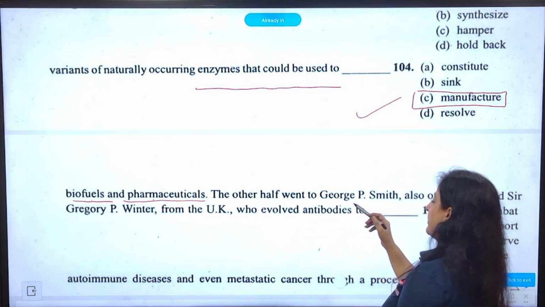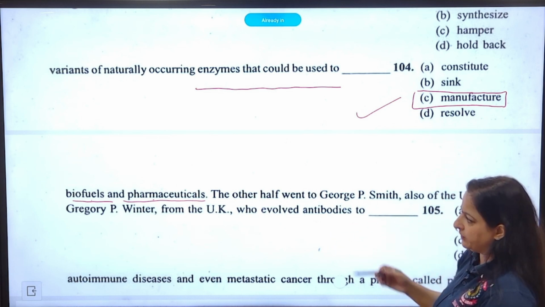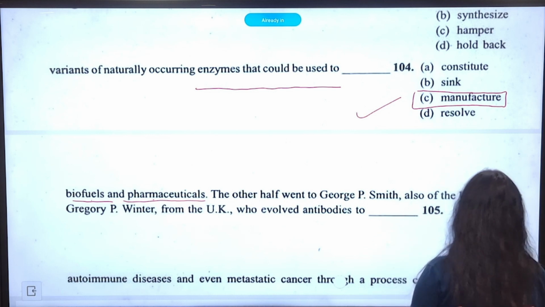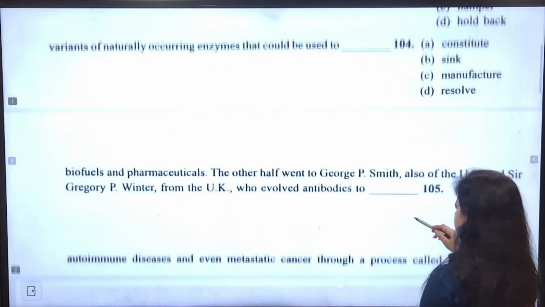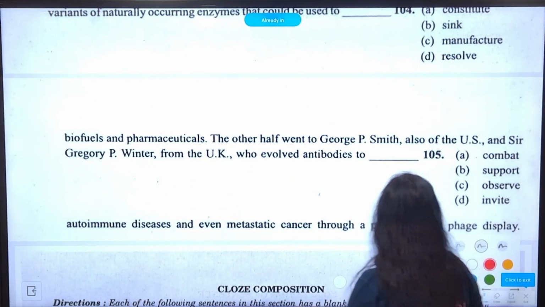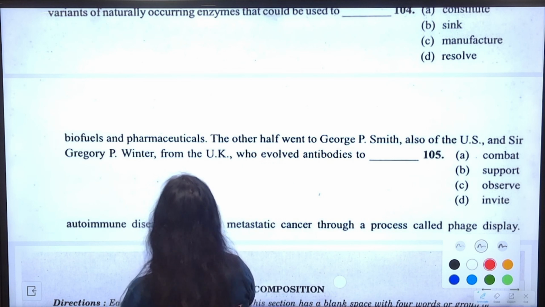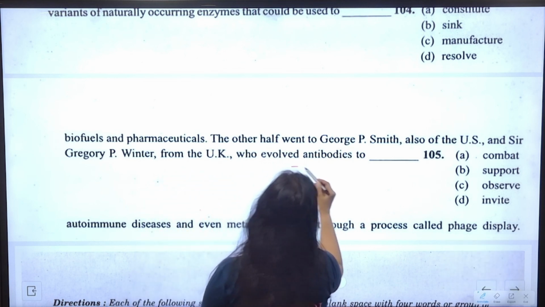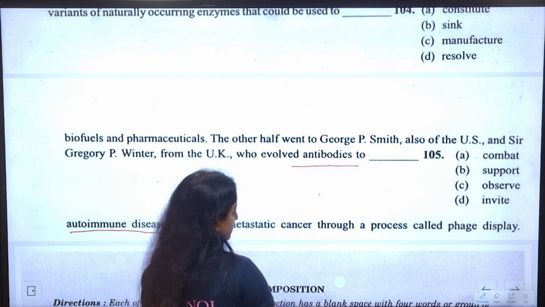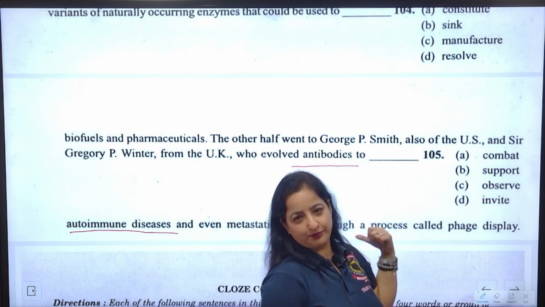The other half went to George P. Smith, also of the US, and Sir Gregory P. Winter from the UK, who evolved antibodies to dash the autoimmune diseases. Now, what are the antibodies doing to the autoimmune diseases and to the cancer? Will they support the disease?